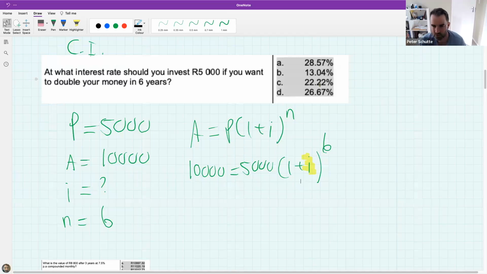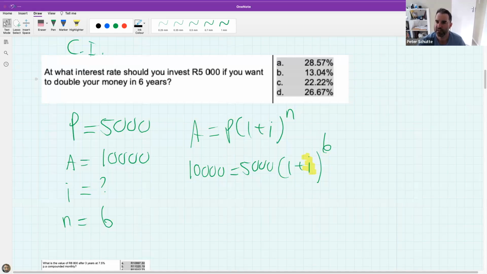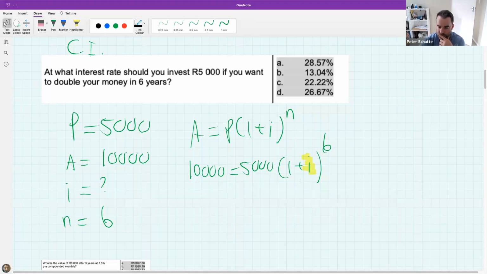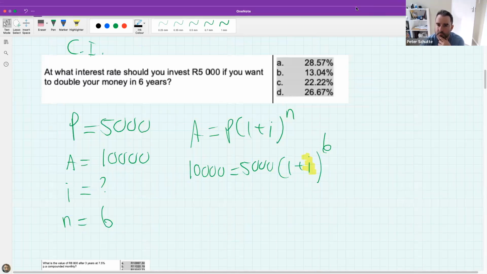Because the I is trapped inside the bracket. So who feels like they might have an idea of how to get at that I? What can we do here? Ideas?